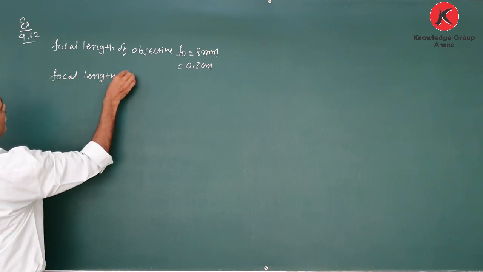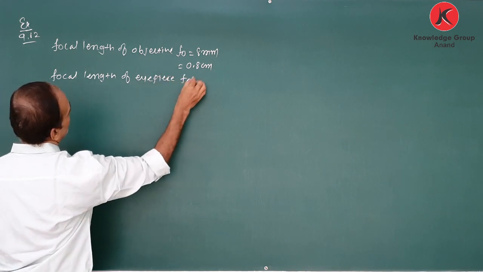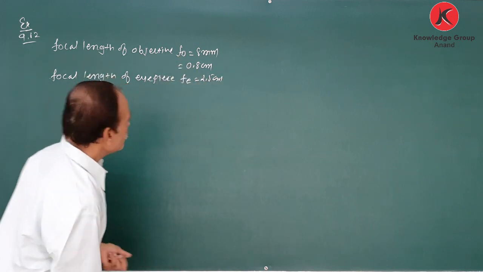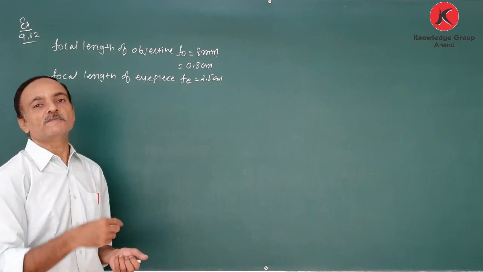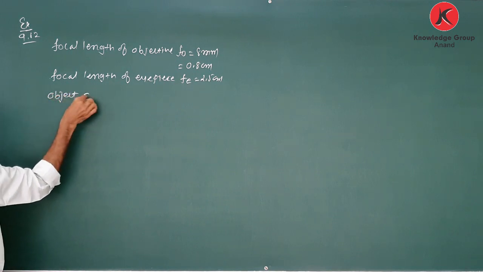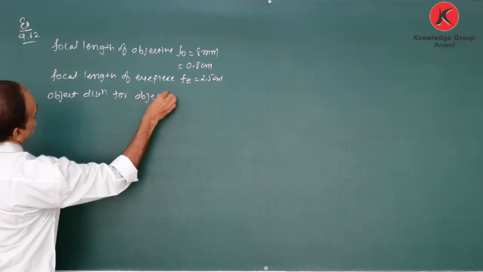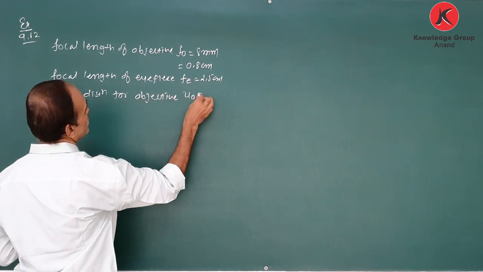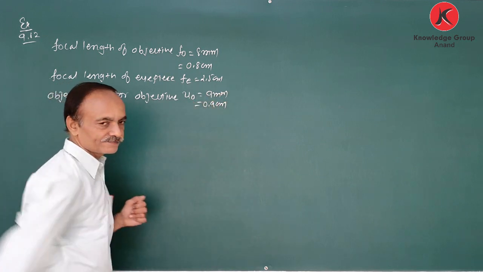Focal length of eyepiece FE is equal to 2.5 centimeter. Now the object is placed at 9 millimeter from the objective. That means the object distance for objective, that is U, is equal to 9 mm is equal to 0.9 centimeter.